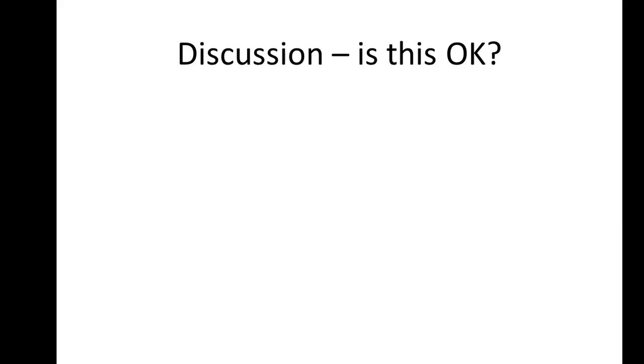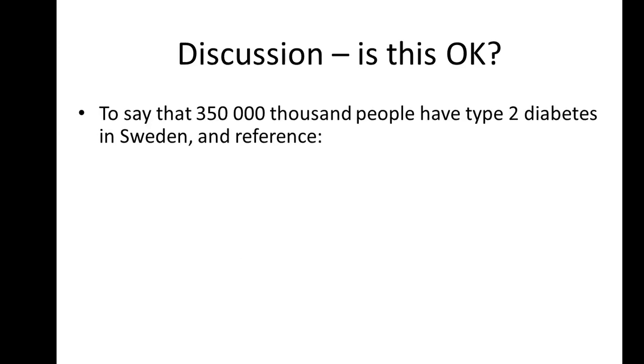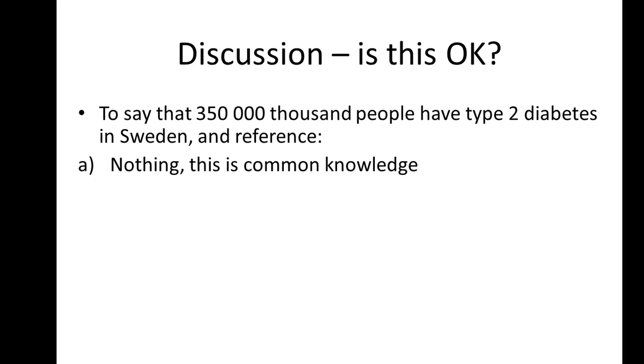And let's have one more question. Say that you want to say that, for instance, 350,000 people have type 2 diabetes in Sweden. This is a statement that the reader might not believe, so you might want to reference it, or you might not. Is this common knowledge?